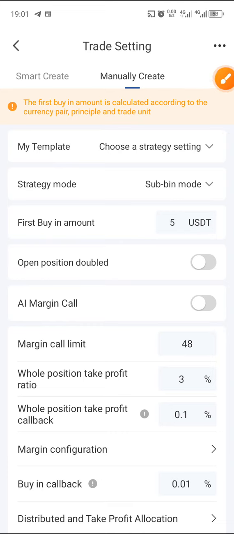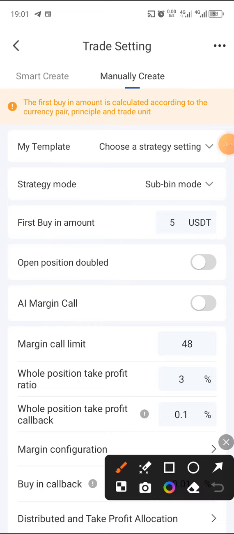After, come edit your first buying amount. Because in most cases the first buying amount changes to default and you'll be seeing 12, but other settings remain the same as you saved it, only the first buying amount changes.